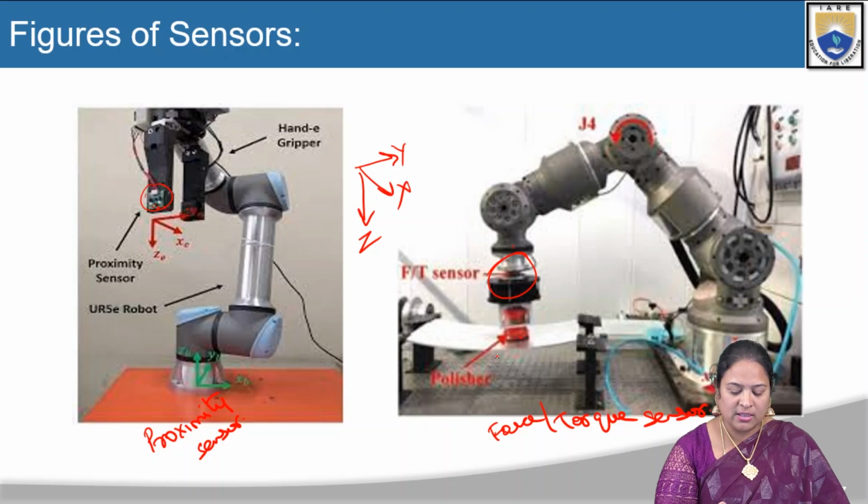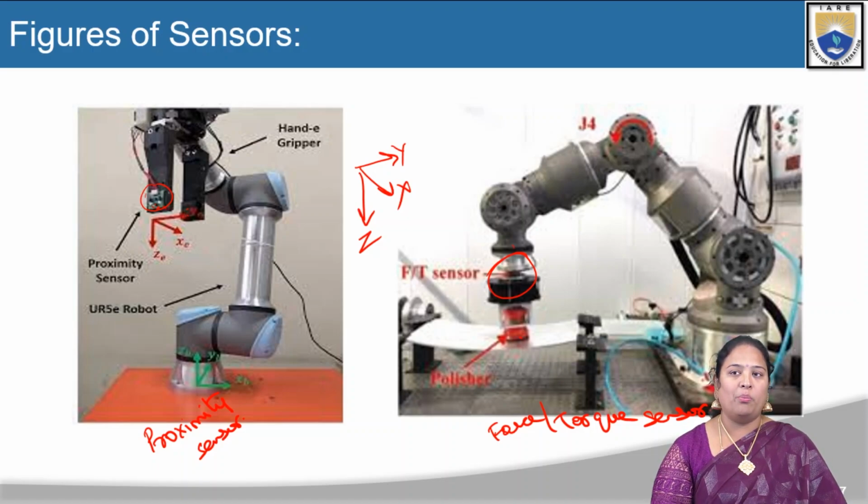For example, we are doing a polishing operation here. You can see a sheet here, and we are doing a polishing operation on this sheet. So at what force should the polishing operation be done? If we apply more force, there is more shear stress. There will be more errors and some flaws occurring. So at what force?